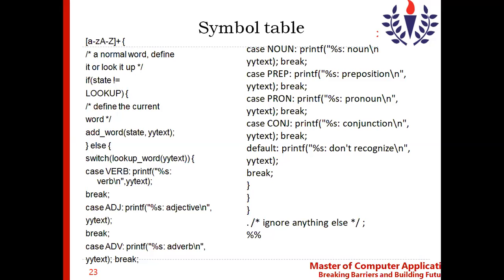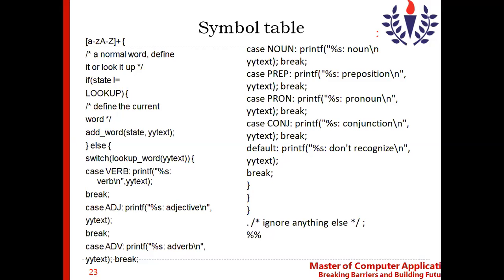Simply he is giving some word. What the program has to do is check which type, which category the word belongs to, and whether it is a correct word. It has to search from the linked list. That's why we have the function lookup word, yytext. So the word given by the user will be passed to the function called lookup word.